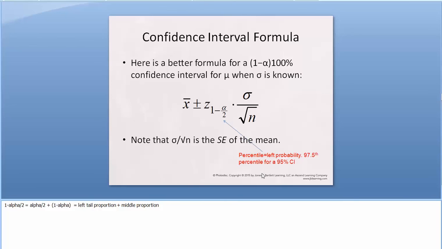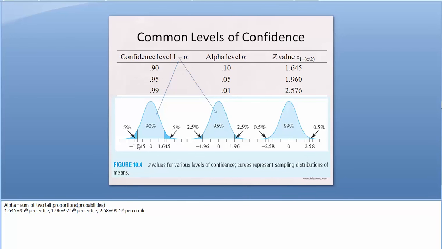Here they have given you common confidence levels: 90, 95, 99. If you have a 90% confidence level, 1 minus alpha, remember without the 100, will be 0.90, then for 95 it will be 0.95, for 99% it will be 0.99.